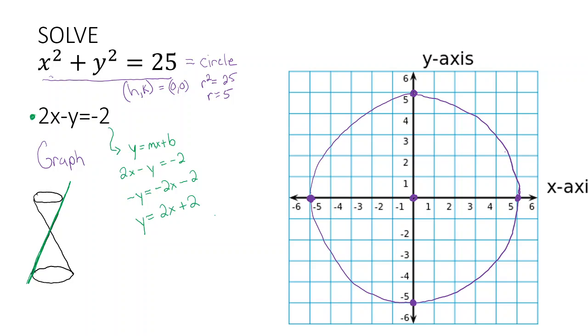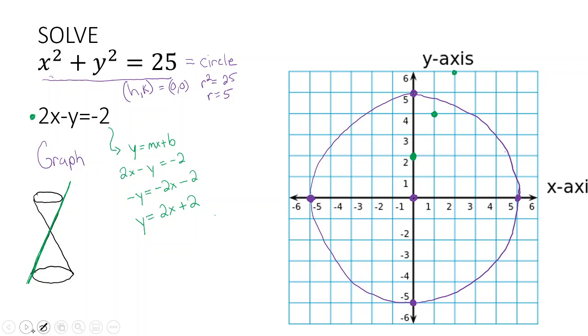Just change all the signs, divide everything by negative 1. And so now when I graph that, my y-intercept, I know we're going back a ways. We haven't talked about graphing a line in a while. But hopefully you still remember y equals mx plus b. The b value is 2, and then I go over 1, up 2, over 1, and up 2.